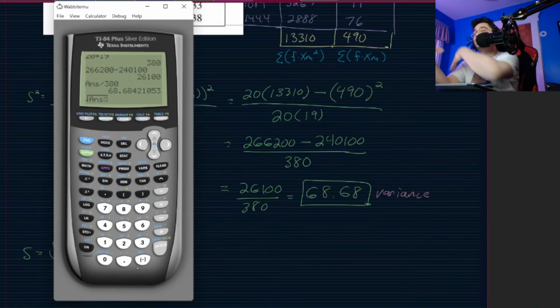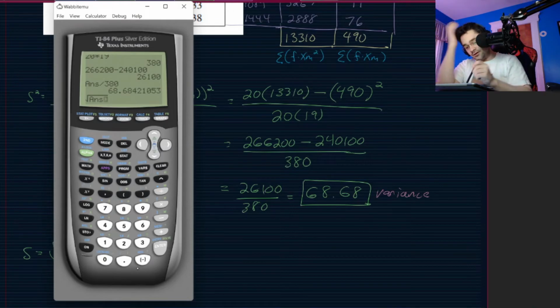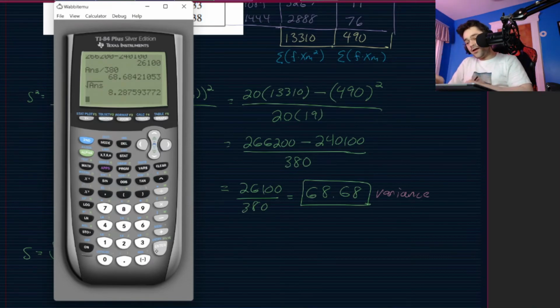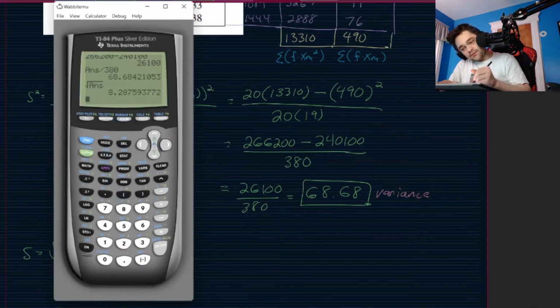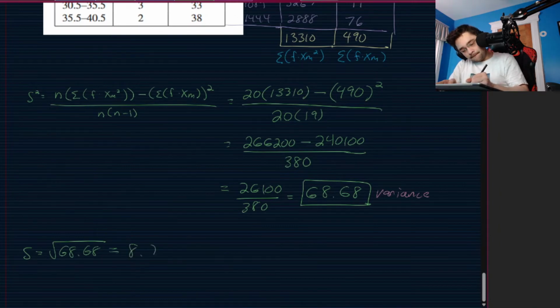But if you round at the very end, that's how you don't lose accuracy. So I'm saving the rounding to the end by putting here the full answer and square rooting that, and now I'll round. 8.29. And in this case, this is the standard deviation.